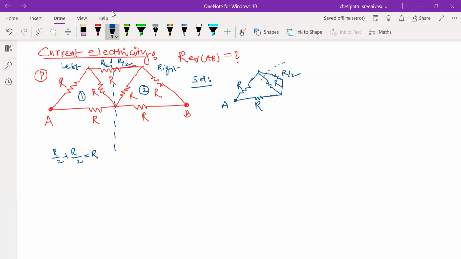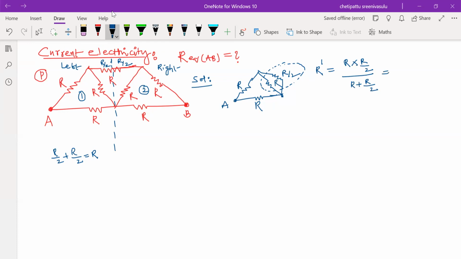Now look at this circuit. This looks like a parallel combination. In parallel, what is the effective resistance? Assume the effective resistance as R dash, which equals R into R by 2 divided by R plus R by 2.